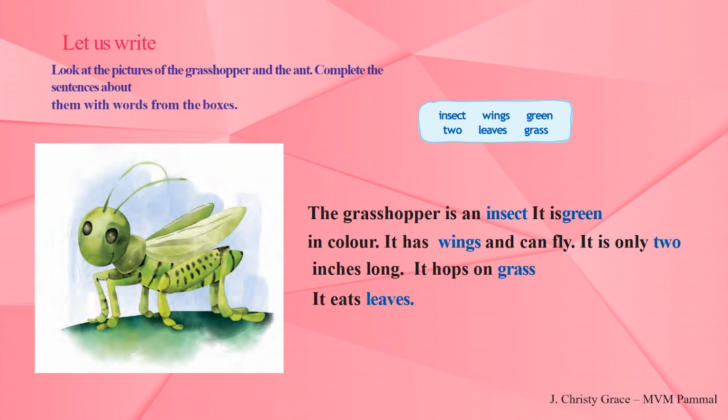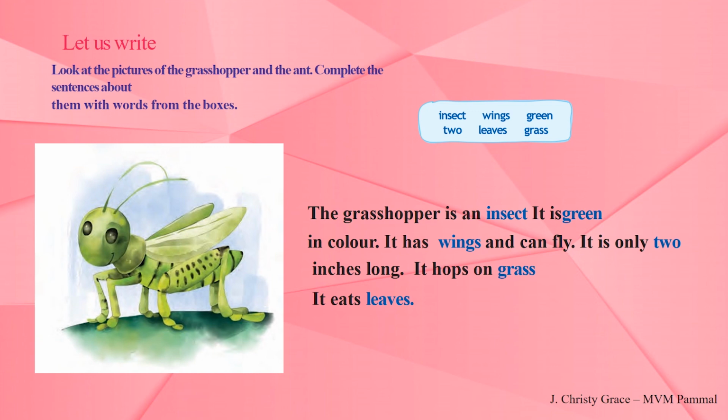What is that? It hops on grass. So we can see the grasshopper on the grass. Then it eats leaves. So the grasshopper will eat leaves, right? So successfully we have completed these sentences by using these words.